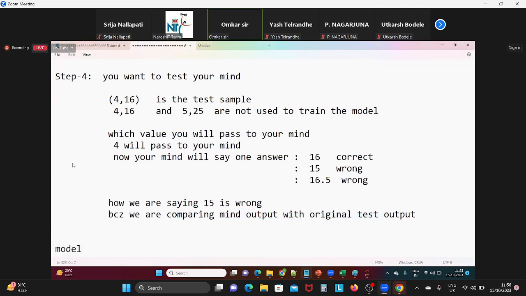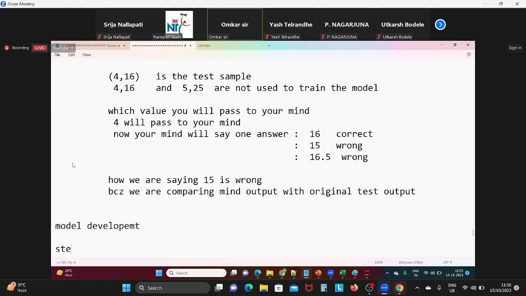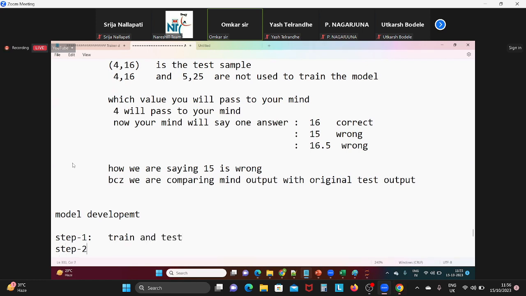And this is the way of model development. Simple. Step 1, divide the data into train data and test data. Step 2, develop the model with train data.